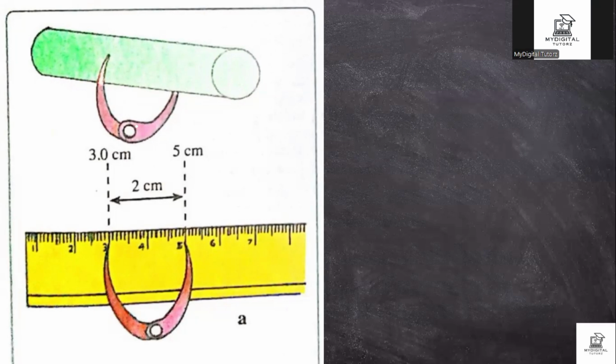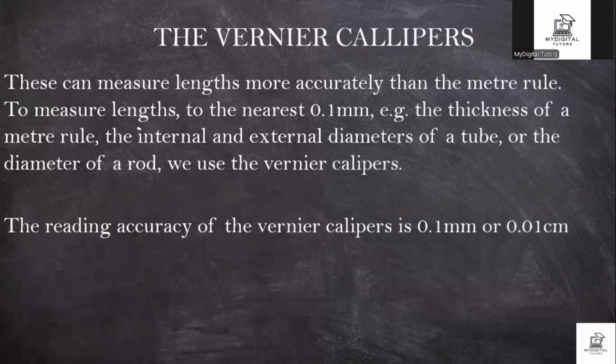The reading is at 3 and 5. Now you take the difference between 5 and 3, which will give you 2. This shows that the diameter of this object is 2 centimeter. This is how to use this type of caliper. We have another one commonly used in industries known as vernier calipers.